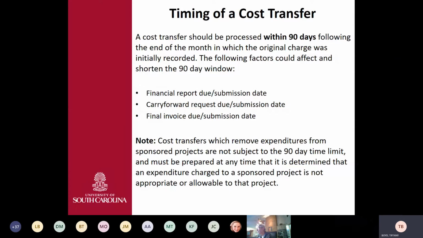As soon as you notice an error in those instances, it has to be removed. However, as we mentioned before, depending on the age of the expense being removed, you may or may not be able to move it to the correct place. So if it belonged on another sponsored project, it may be too late to actually place it there, and it might have to be placed on an A or an E fund or a non-sponsored account.